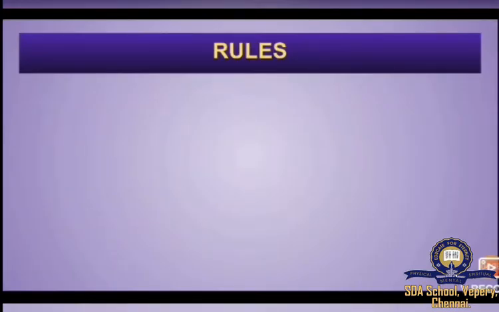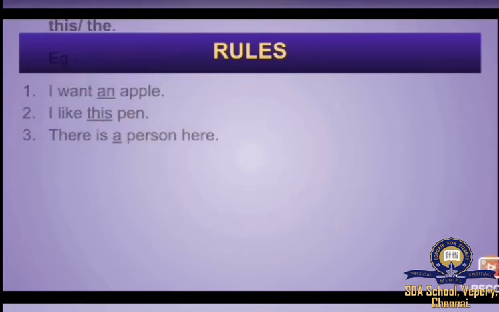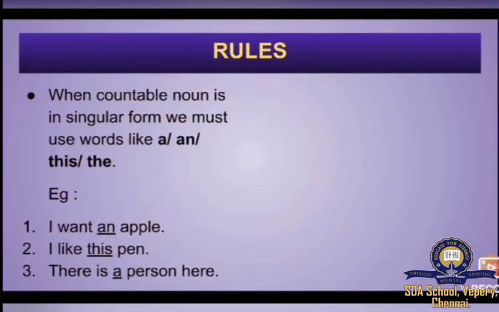So now let's see the rules for countable noun. Rule number 1. When a countable noun is in singular form, we will need to use words like a, an, this, or the. A and an are very important. They are otherwise called indefinite articles. So when a countable noun is in the form of singular, we will need an indefinite article.